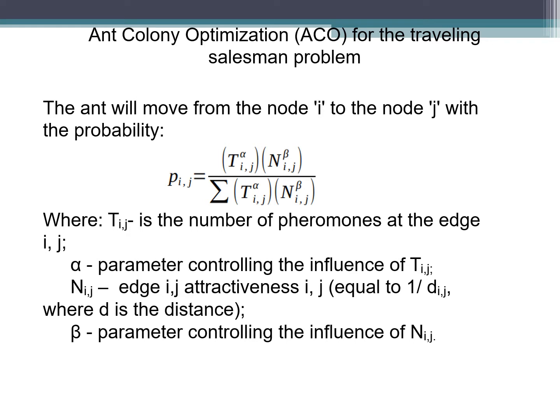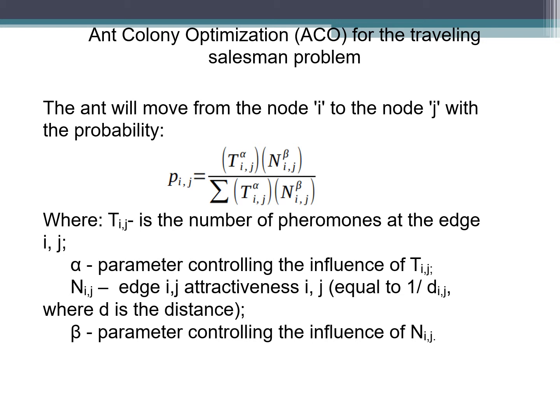The ant will move from node i to node j with the probability given by the following formula, where capital T is the number of pheromones at the edge ij, alpha is the parameter controlling the influence of T, eta of the edge ij is the attractiveness, equal to 1 divided by the distance, and beta is the parameter controlling the influence of eta.